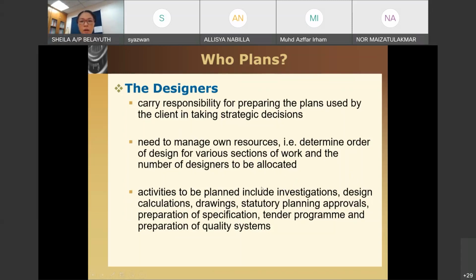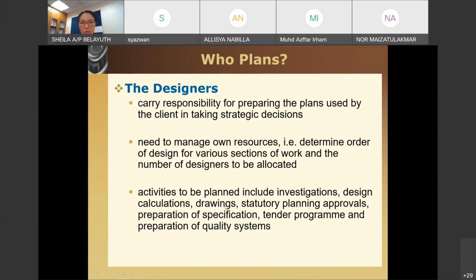Also for investigation, you need to hire the investigator. You can see some organizations such as soil investigation. So soil testing, you need to hire them, and tests need to be conducted and so on. So there should be an allocation of time for that.